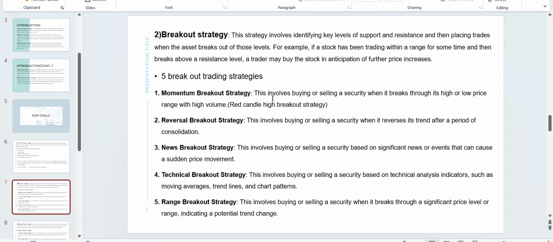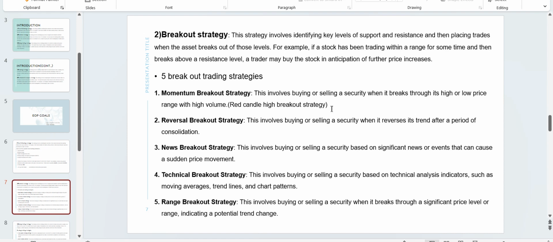I'll give you an example here also. This involves buying or selling a security when it breaks through its high or low price range with high volume. The example for a momentum breakout strategy in my view is the red candle high breakout strategy. I know this is confusing for you, but once I take you to the charts, it will be very easy to understand the breakout strategy.